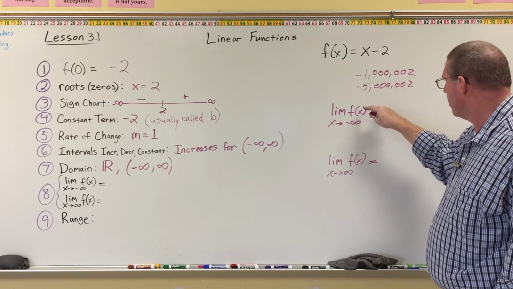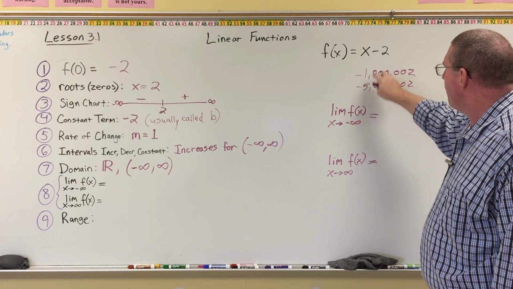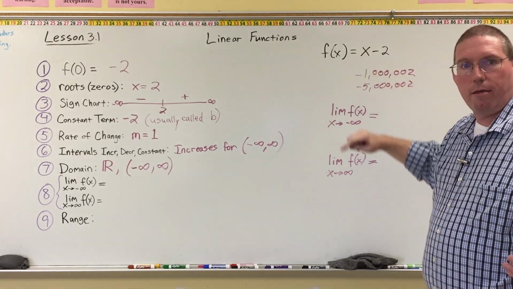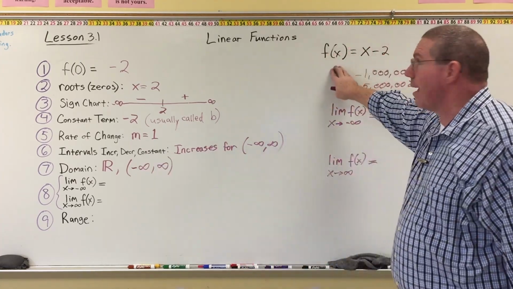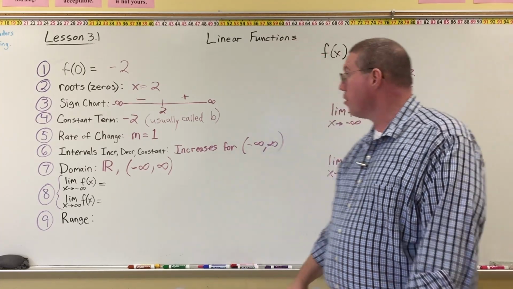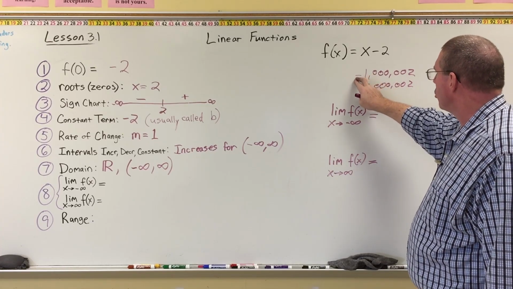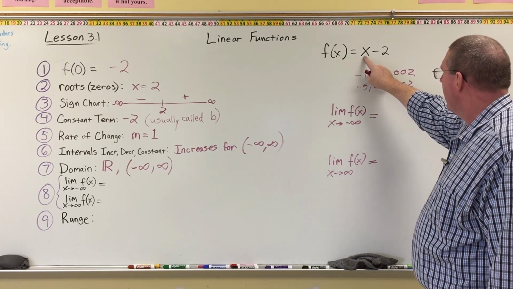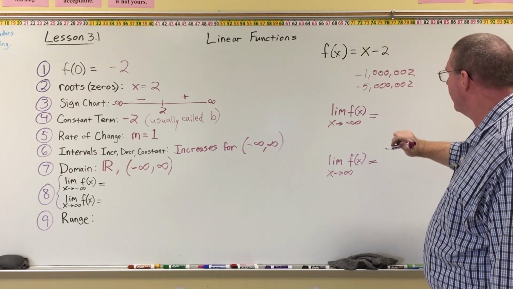With linear functions, if the x is a big number in one direction, then the y is also going to be a big number in one direction, okay? In this particular case, we're putting in a very large magnitude negative number, and we get a very large negative number. So when we put in a negative, we get a negative, okay?